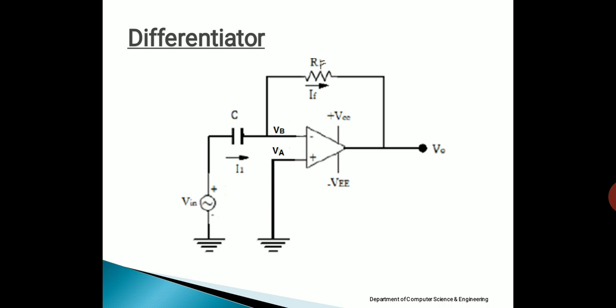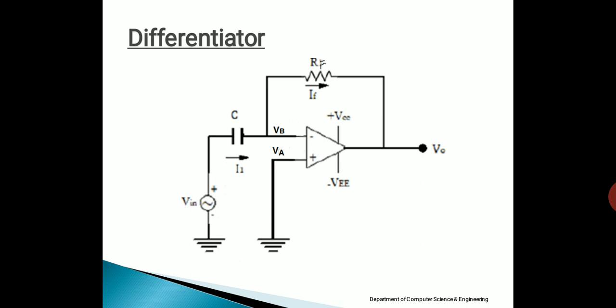If we call the input current that flows into the inverting input terminal IB, then we can easily derive the output equation of this circuit, and show that the output is directly proportional to the derivative of the input. Hence, the op amp circuit in which output is directly proportional to the derivative of input is called a differentiator. Now we have to show that here the output V0 is proportional to d by dt of Vi.